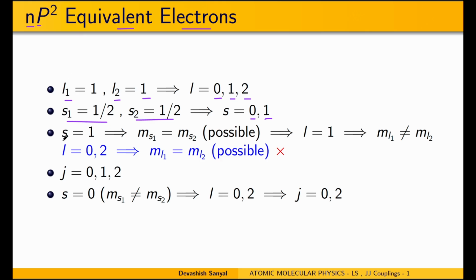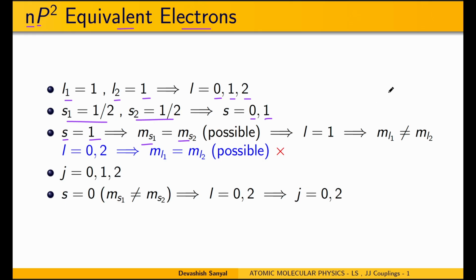So we have S equal to 0 and S equal to 1. If S is equal to 1, then the possible values of the z component are -1, 0 and 1. So in this case, it's possible that ms1 and ms2 are identical.